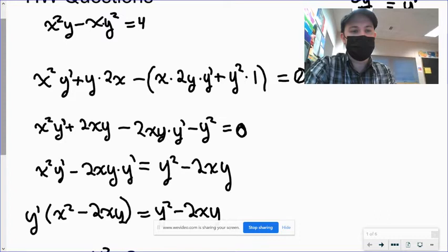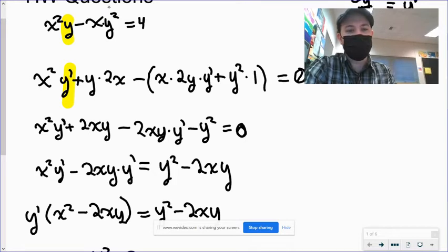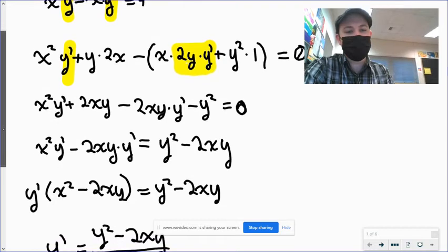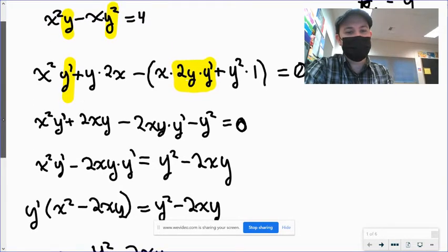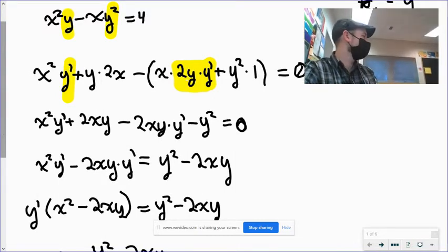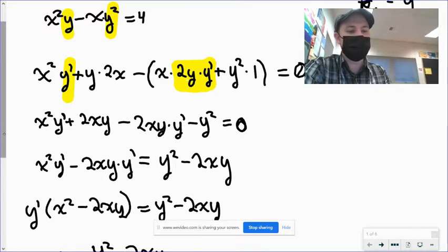Or do I? So when I differentiated that y, I ended up getting a y prime there. And when I differentiated this y squared, I ended up getting that 2y y prime there. So that's kind of where they came in. Does that make sense? Any other questions on this so far on this problem and defining y prime in terms of x and y?